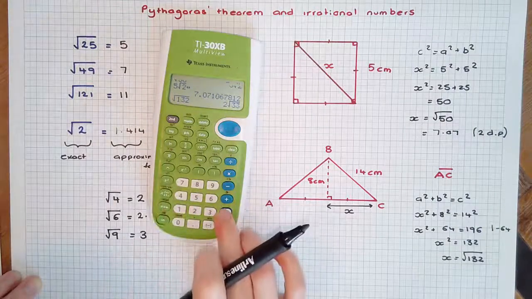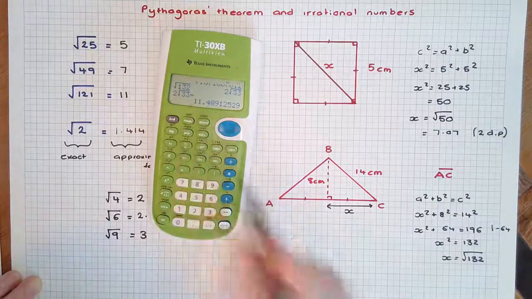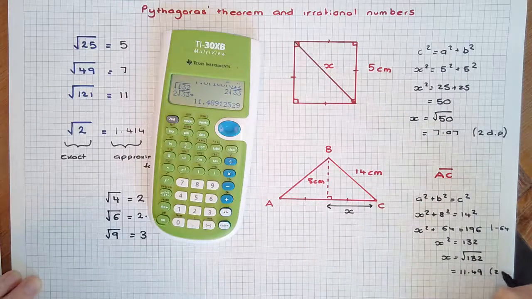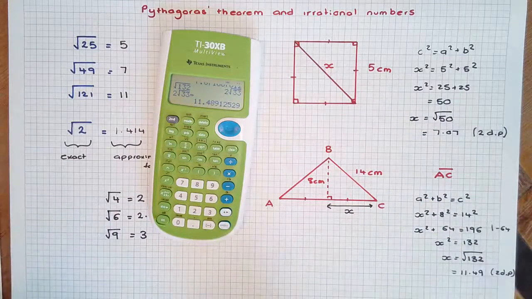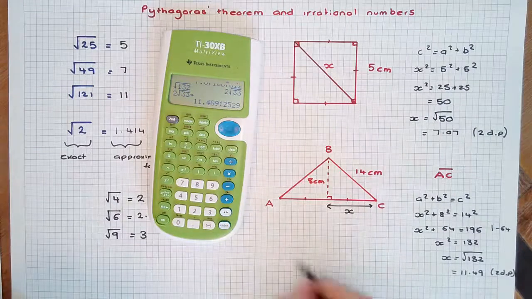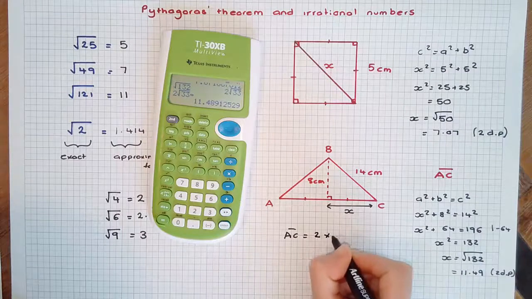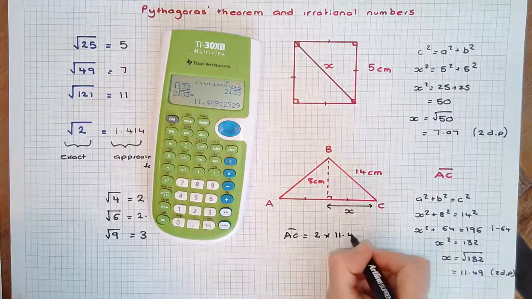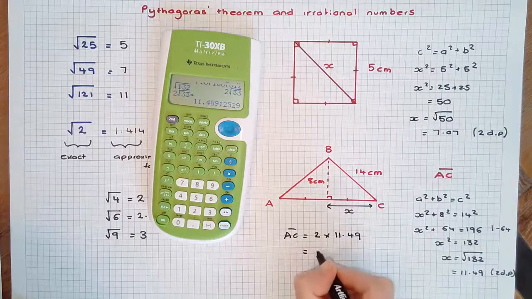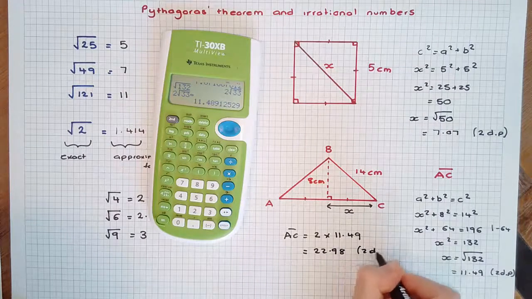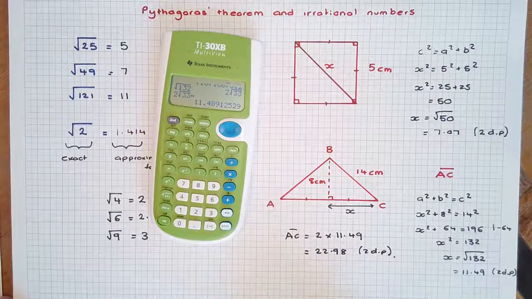We want the decimal approximation, so I get 11.49 rounded to 2 decimal places. Therefore, the length AC is equal to 2 times 11.49, which is 22.98, but that has been rounded to 2 decimal places.